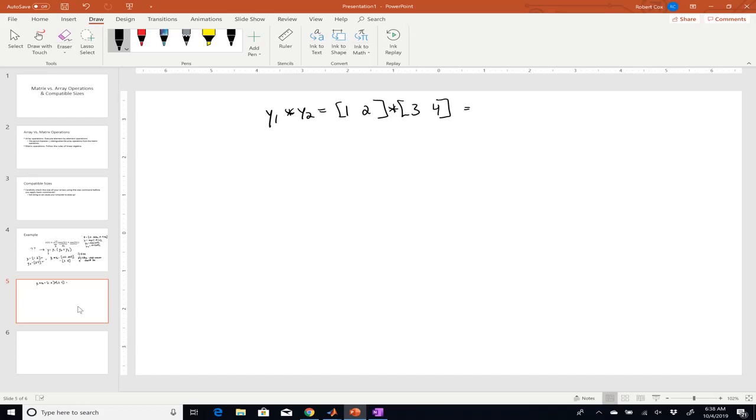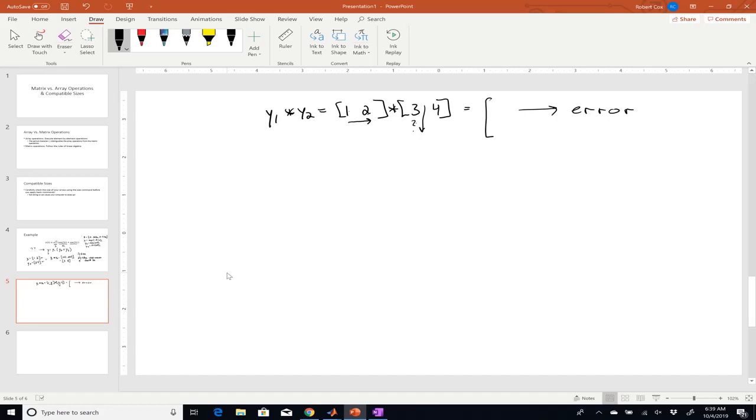Its default approach is to approach everything from a matrix operation perspective. So it's going to try to say, let's multiply this row by this column. So it's going to try to calculate that and say, well, I've got 1 times 3 plus 2 times nothing. And so it says, boom, error, I can't do that, because that's an incompatible matrix operation. Okay?